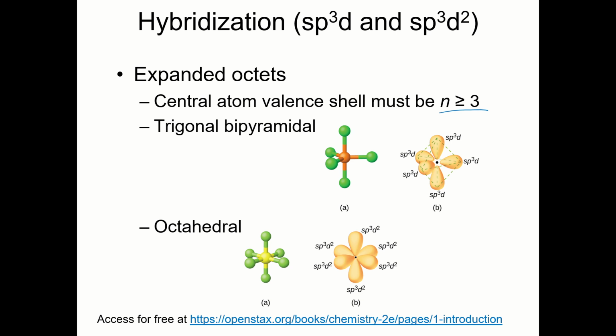And as you can see, for an sp3d, you would end up having 5 sp3d orbitals, right? 1, 2, 3, 4, 5, which gives you your trigonal bipyramidal, and then octahedral would have a total of 6 sp3d2 orbitals.